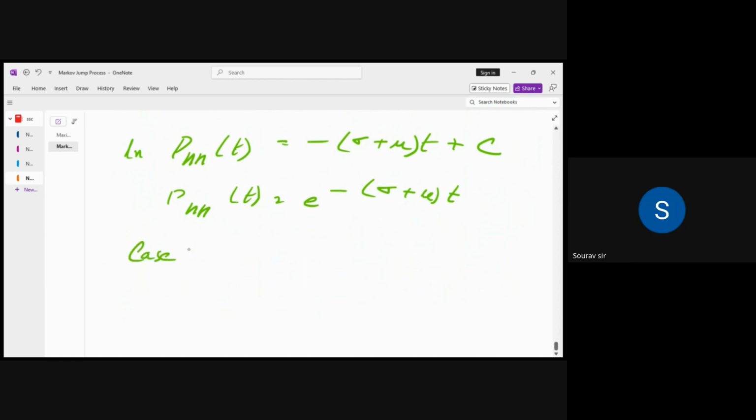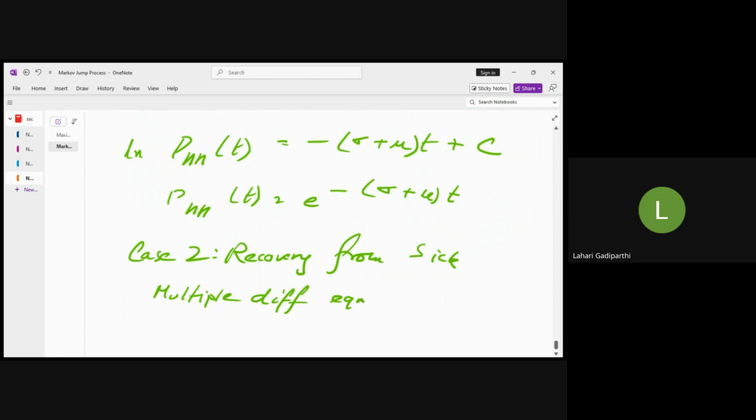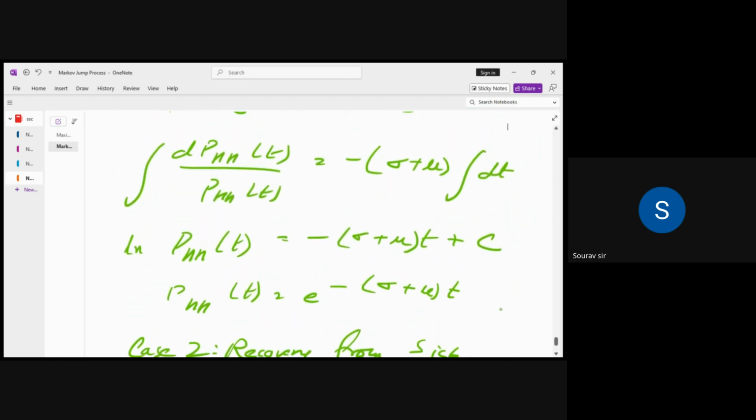So case 2 is recovery from S, sick. If recovery is possible, the system will require solving multiple differential equations. Isn't that the one we did before? Yes, but the equations we haven't done. In the previous discussion I told you that these are the cases we can do, and these are the ways.